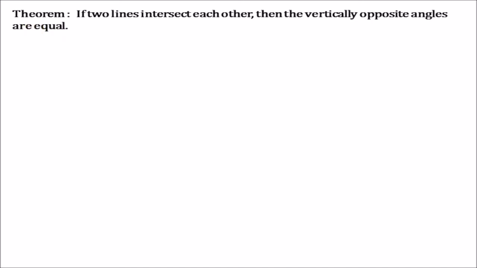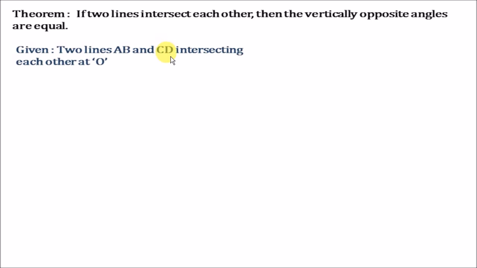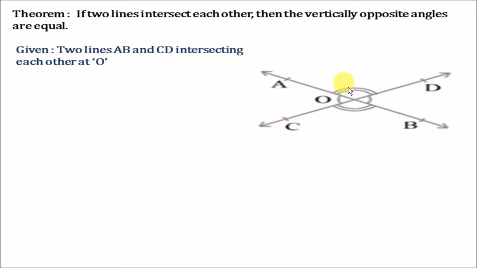So the given condition is two lines, let's say AB and CD, are intersecting each other at O. We need to prove the vertically opposite angles are equal. Let's denote the angles using numbers for convenience. We are representing angle AOD as angle 1, angle BOD as angle 2, angle BOC as angle 3, and angle AOC as angle 4.